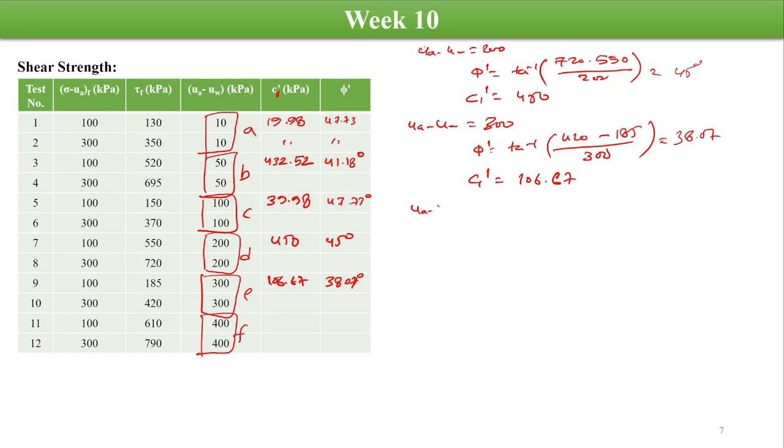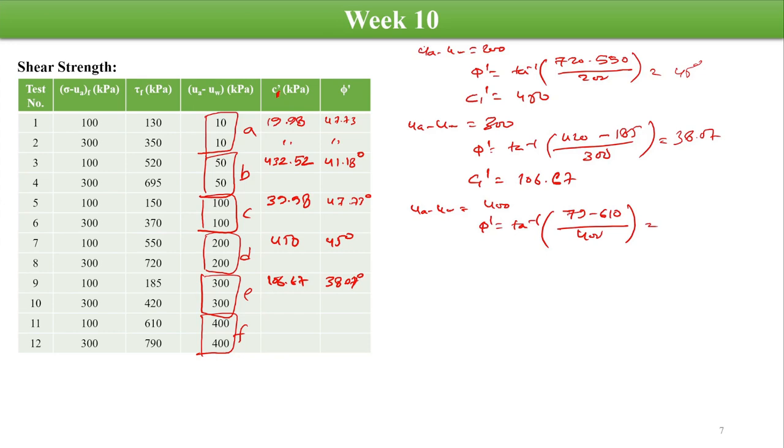Then we'll calculate for the last one. UA minus UW is nothing but 400. So for that we will get phi dash is equal to tan inverse of 790 minus 610 upon 400.